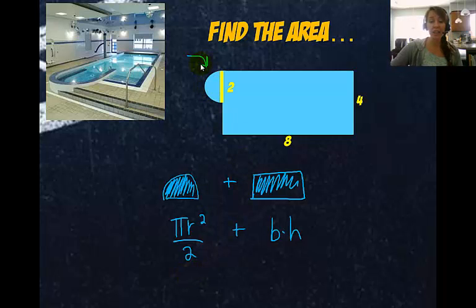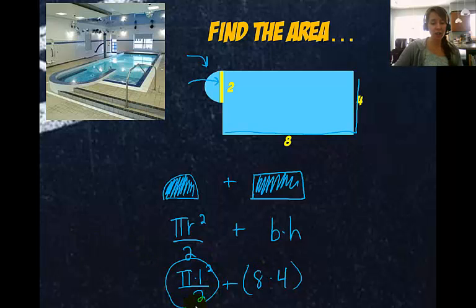So our radius is not 2, our radius is 1. So pi times 1 squared over 2 plus 8 times 4. And I'm going to go ahead and put that in parentheses so it stays separate. Okay, so let's start with our left side. We've got pi times 1, which is just pi.